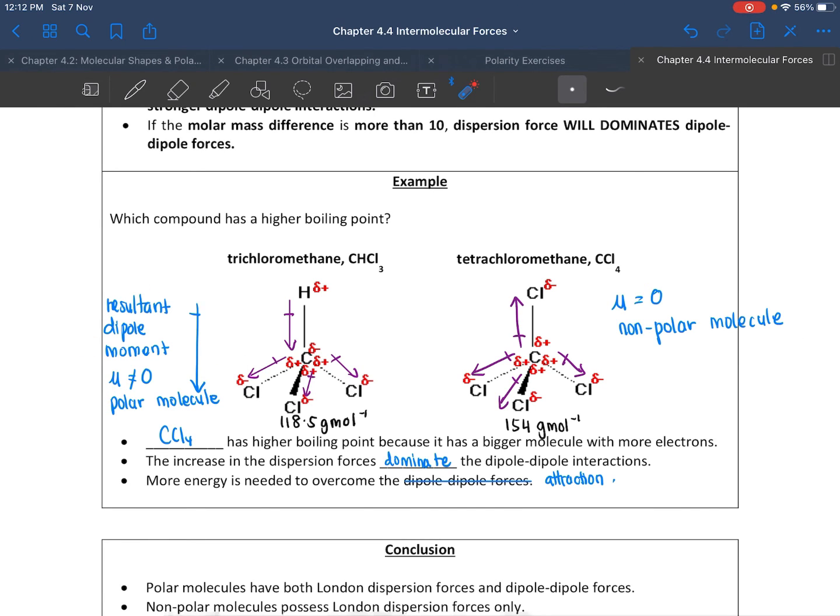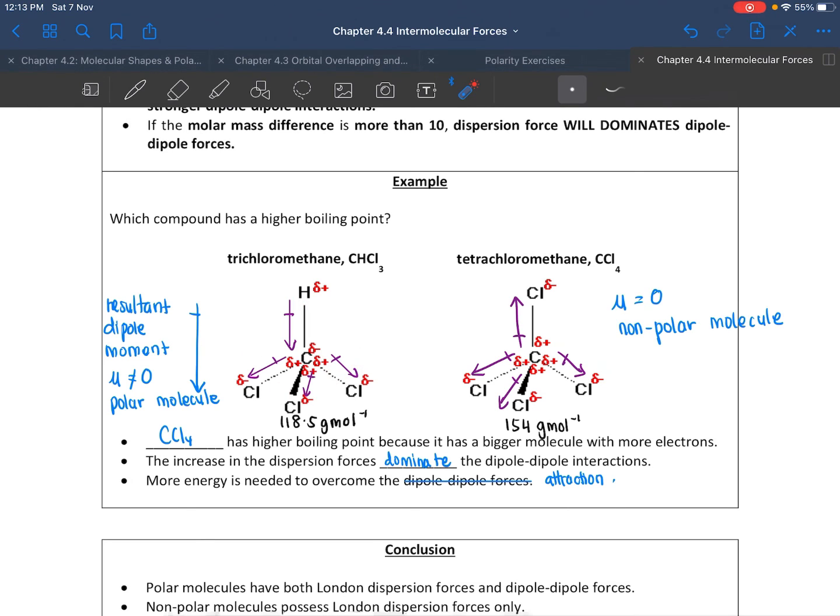Okay, so sebabnya ada student, dia bila tengok soalan ni, dia terus tengok kepada mu semua ni. Dia tengok, oh, ini non-polar, ini polar. So, obviously polar will have higher boiling point. Tapi saya cakap, kita kena tengok step by step. Tak boleh terus jump to the molecular polarity, tak boleh.